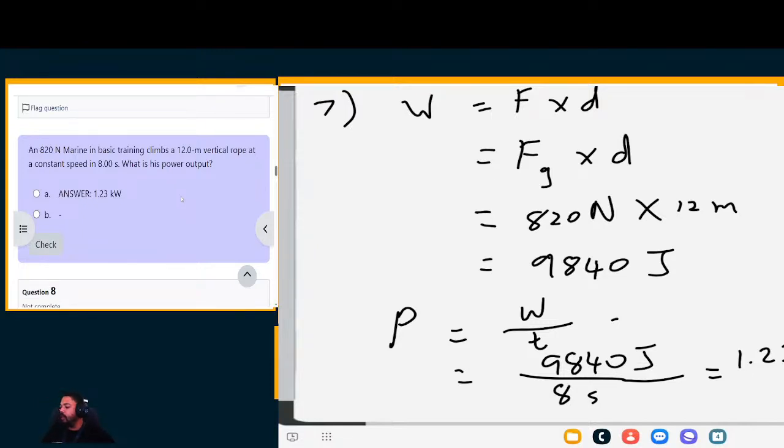Okay, that is his power output. This is the amount of power he puts out in every second.